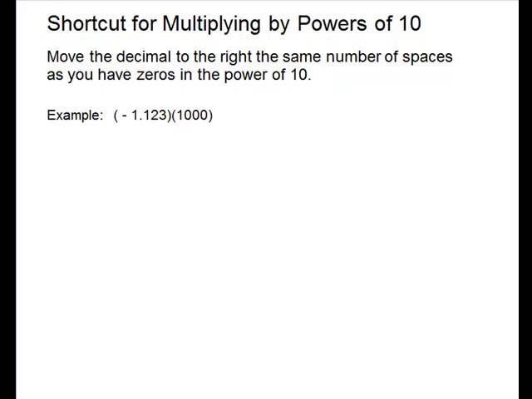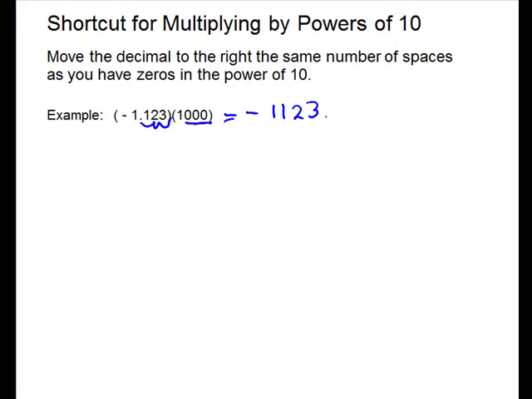So for example, let's multiply negative 1.123 times 1,000. So the 1,000 is your power of 10. It has 3 zeros, and that's going to move your decimal to the right 3 places. So our answer is going to be, it will be negative because we only had one negative. 1, 1, 2, 3.